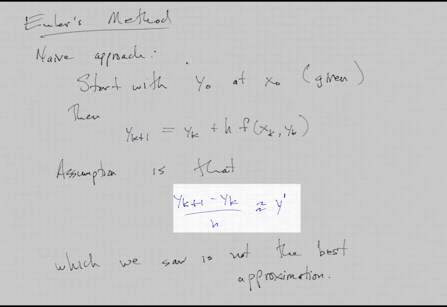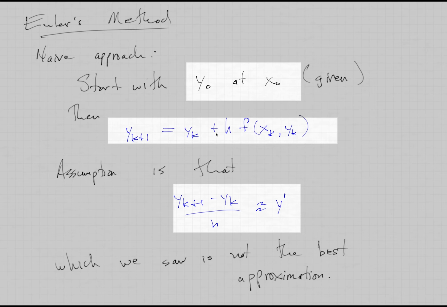Now remember, we're solving an ODE with an initial value given, so it's an initial value problem. We've got a y0 that's been given to us to be the value of the function at x0. x0 we're assuming is the leftmost point of the interval on which we're trying to solve the ODE. And then, assuming that the derivative at yk is this, we get this formula for the iteration.